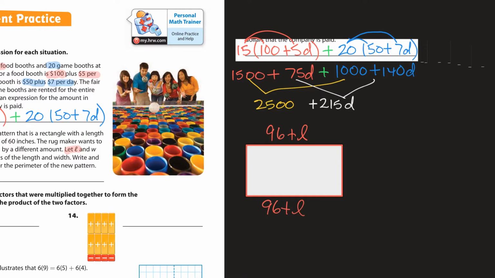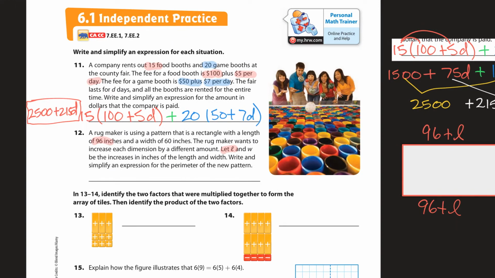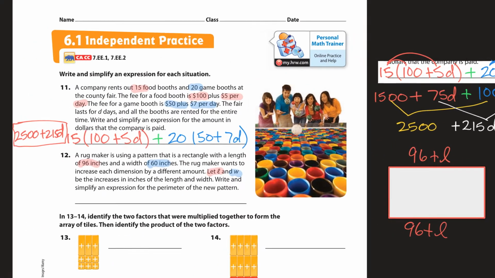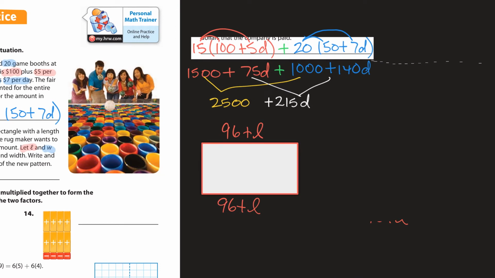And then the other side, that's going to be 60 inches plus some width W. So this will be 60 plus some width W, and that means this would be 60 plus some width W as well.